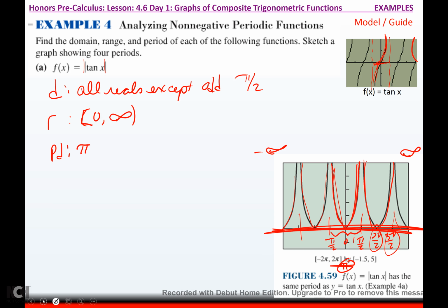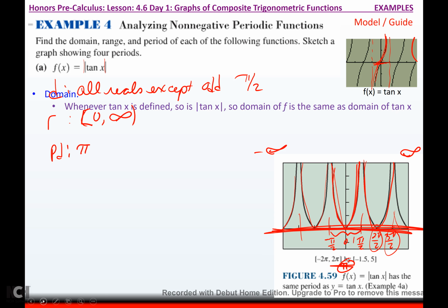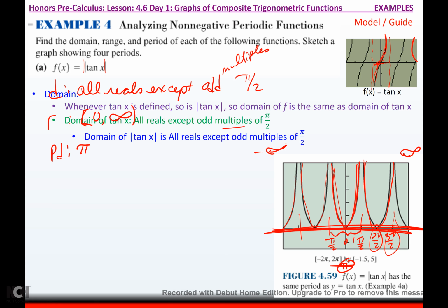Alright, I think I animated all this. Your domain, wherever tan is defined, so is the absolute value of tan, so the domain of f is the same as the domain of tangent. Your domain of tangent is all reals except for odd multiples of pi over 2, so the domain of the absolute value of tan is all reals except odd multiples of pi over 2.